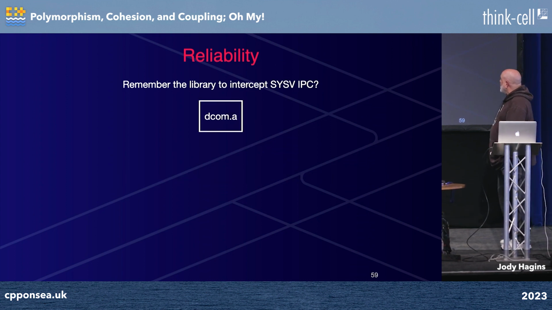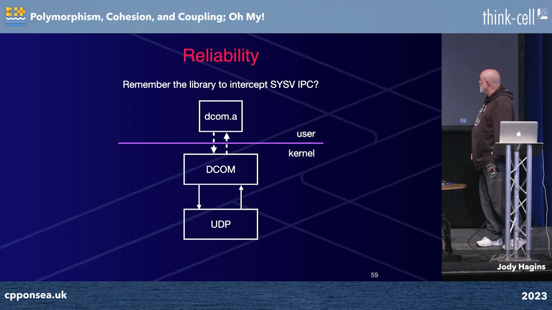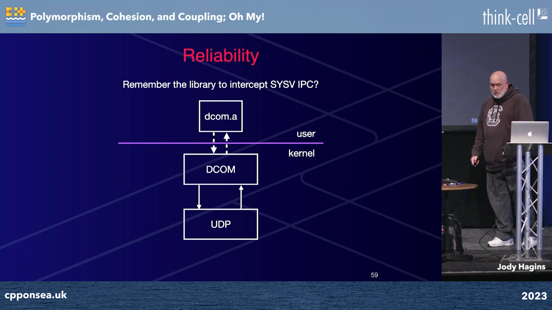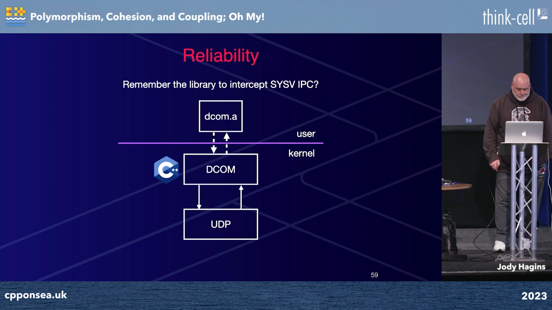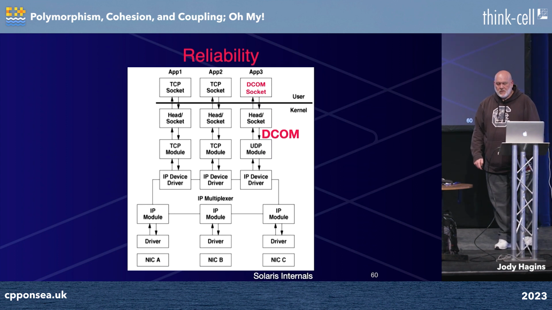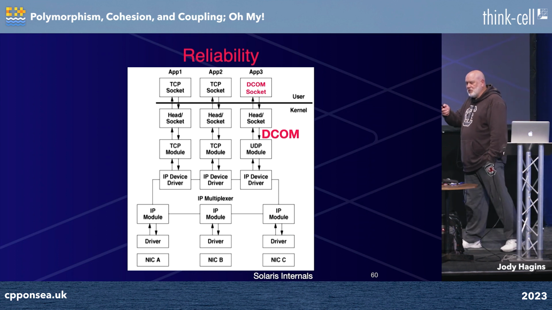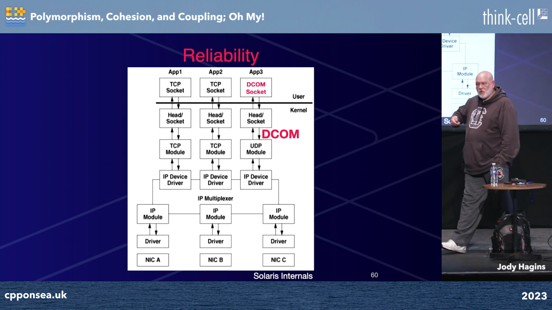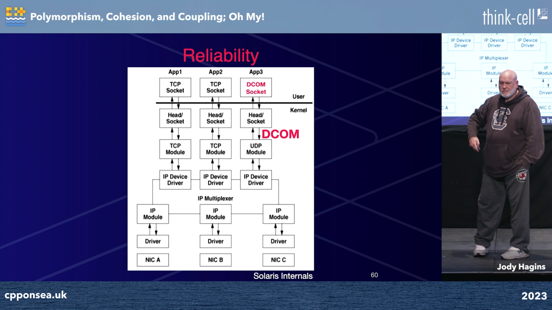So this library, DCOM, is the one we were talking about earlier. It was implemented in C++ and Streams. And so that library is what was doing all of the communication across networks.